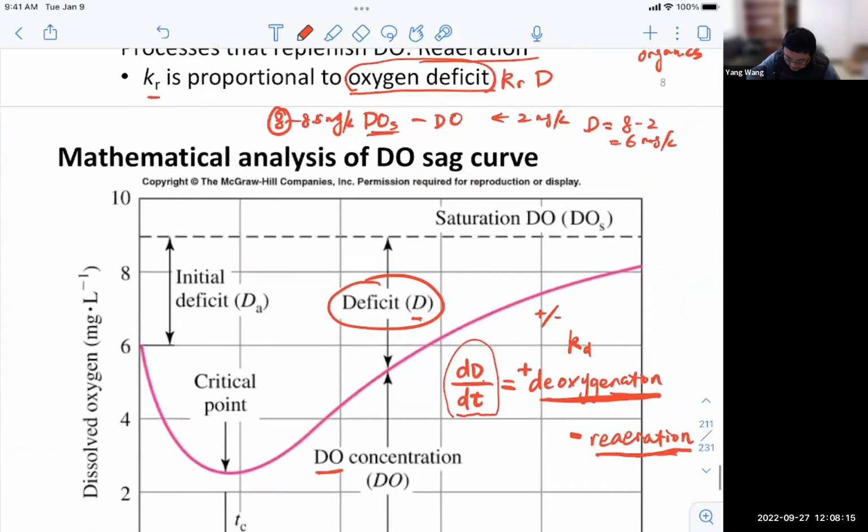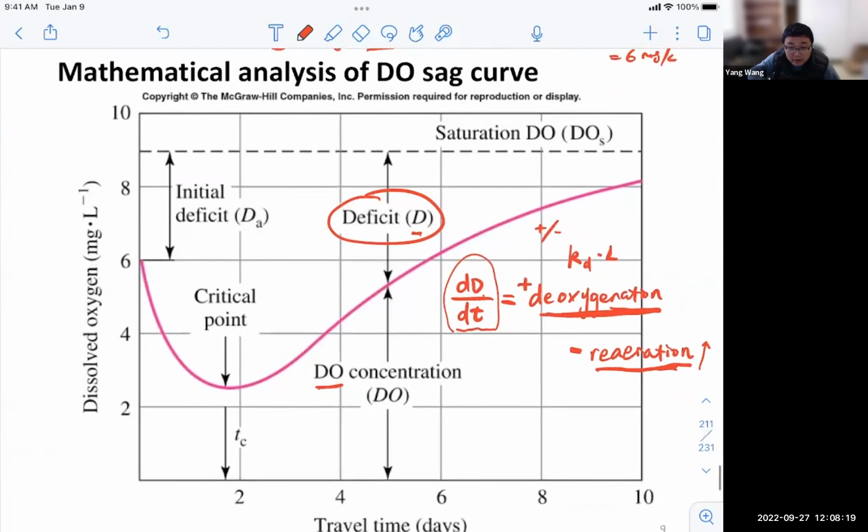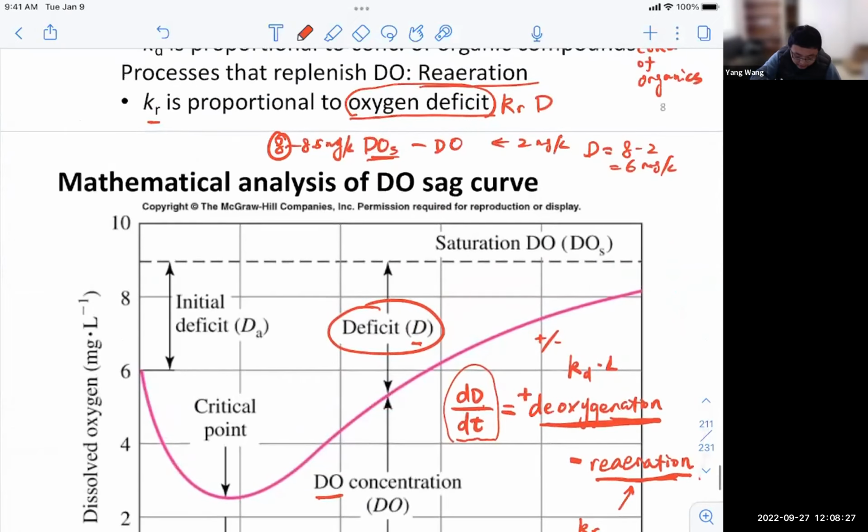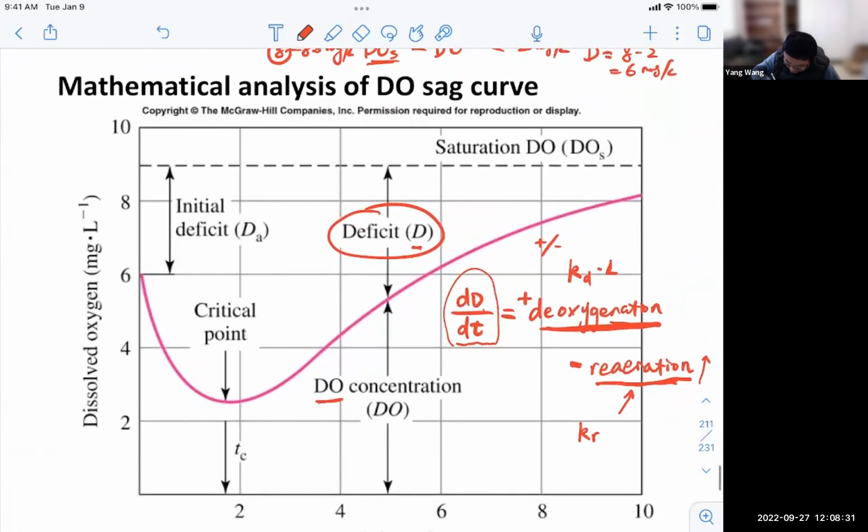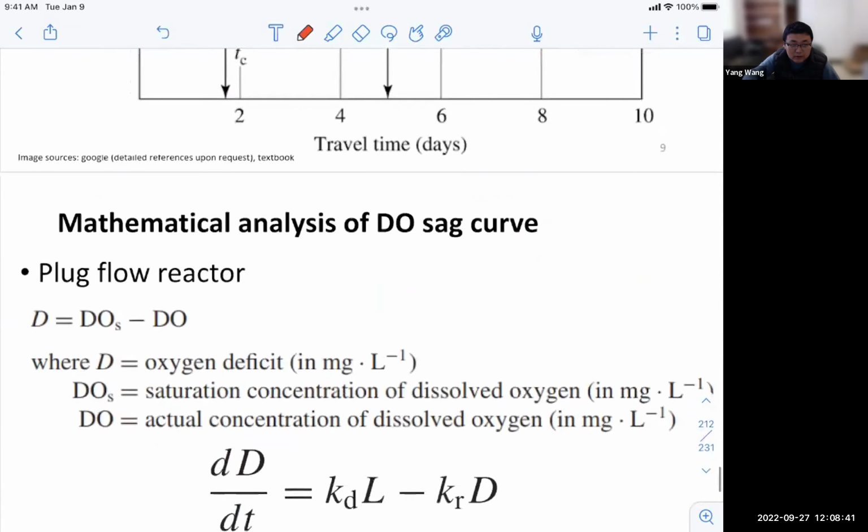That's just KD multiplied by L. And the reaeration rate is dependent on the reaeration rate constant, this Kr here, and also the oxygen deficit, this D here. So this is how we can build up this differential equation. It's going to look like this.